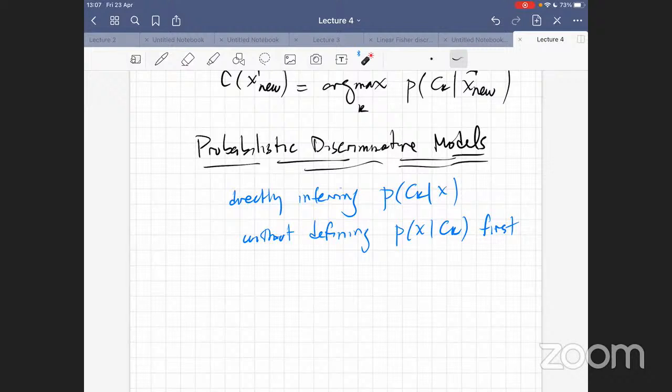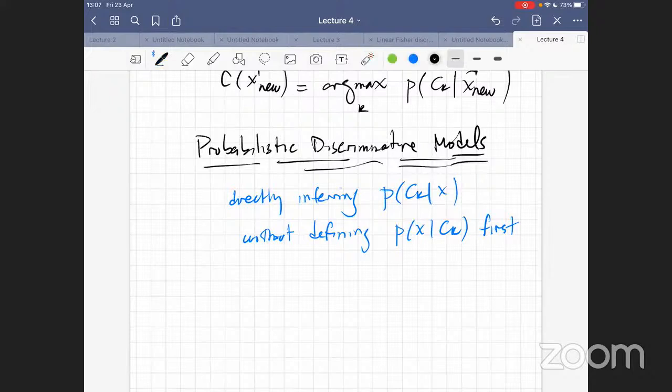One disadvantage of a generative approach is that if you assume something for this which is really not the case, then what you conclude may not be accurate. So directly estimating this may give you advantages in this sense as well.